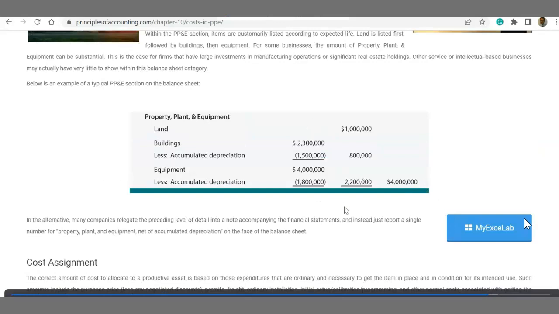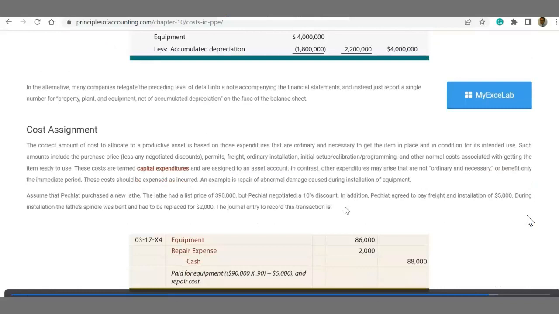Any question about PP&E? In regards to spending money, there are 2 ways you can spend money. One of them is revenue expenditure. One of them is capital expenditure.